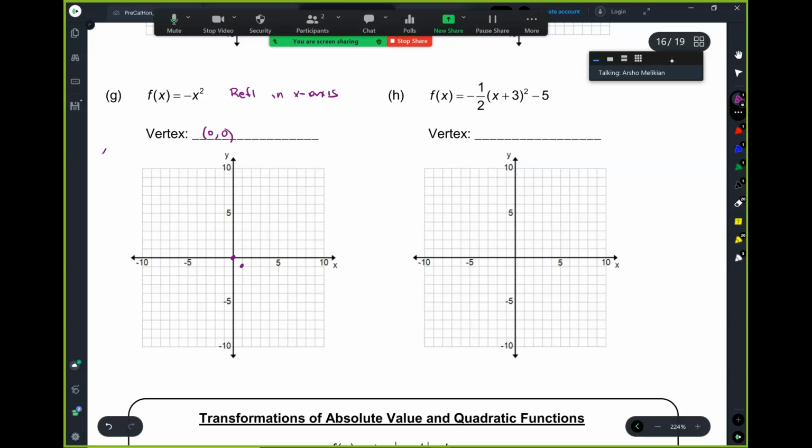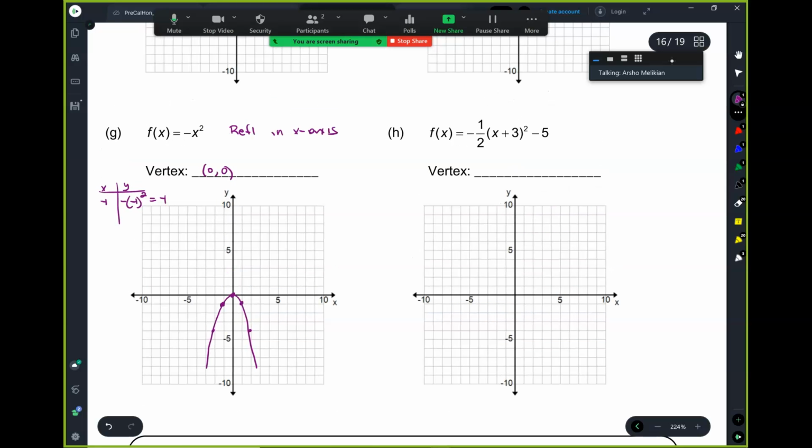If you plug in -1, this is going to be -1 squared, so it's -1, right? Don't go canceling those negatives. Okay? And then the next one is going to be -4 and -4. Again, either points or the other way, it's up to you.